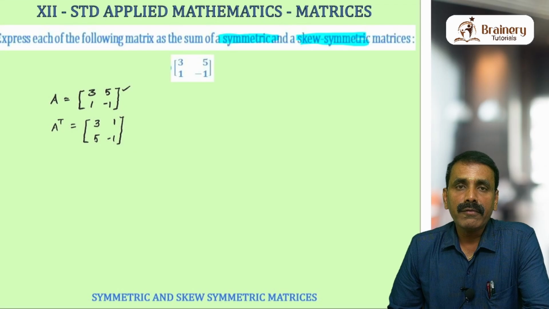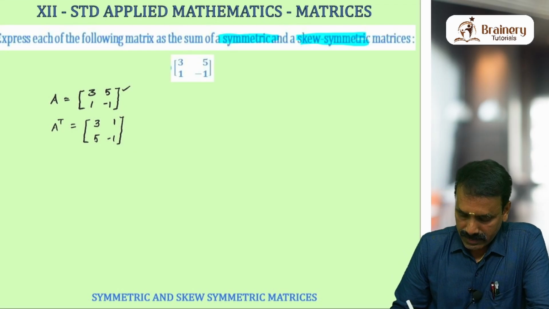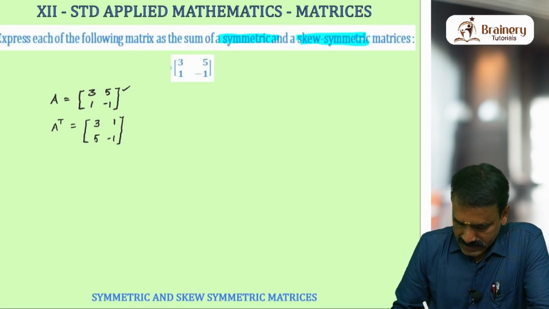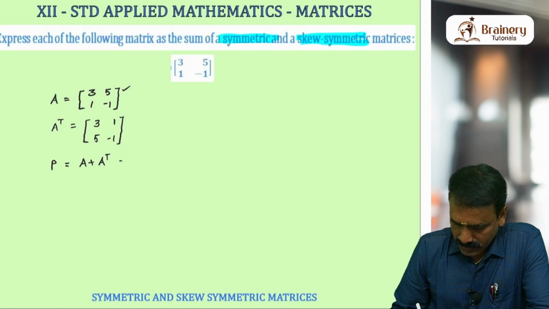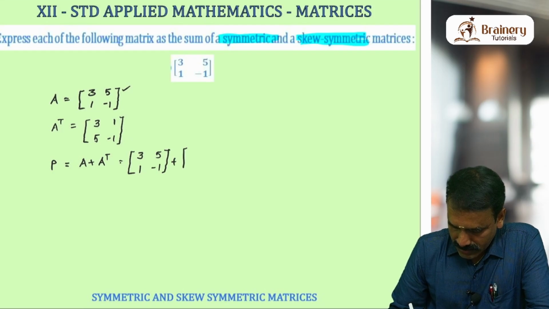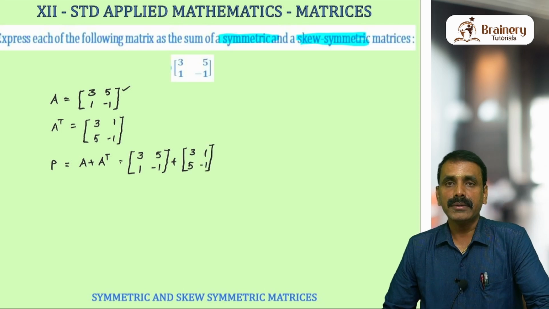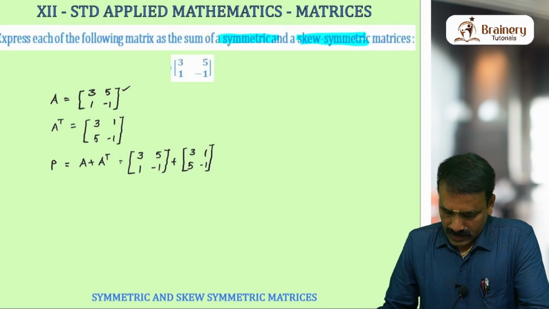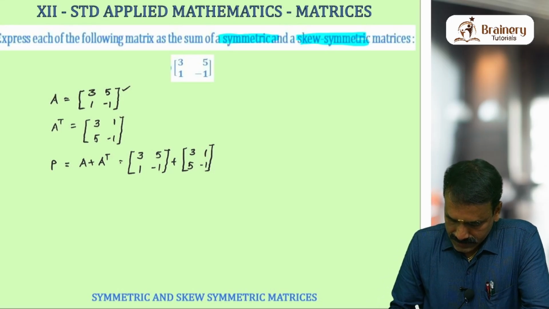Now I am going to find the sum of these two matrices, that is the P matrix. P is equal to A plus A transpose. The A matrix is 3, 5, 1, minus 1. A transpose is 3, 1, 5, minus 1. Is it clear? Now we add these two matrices.